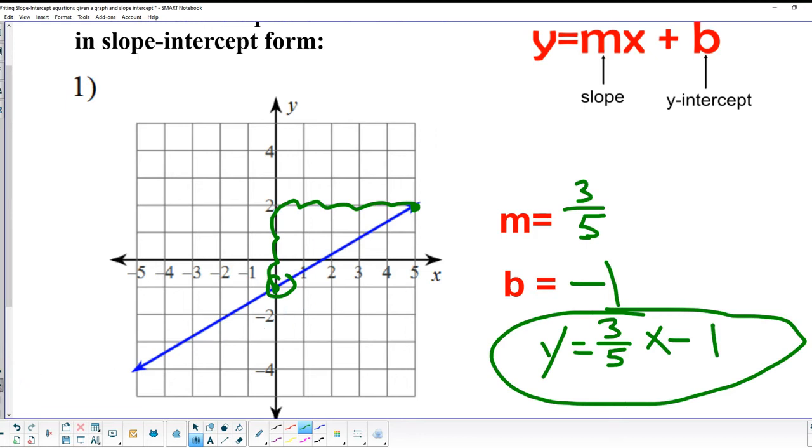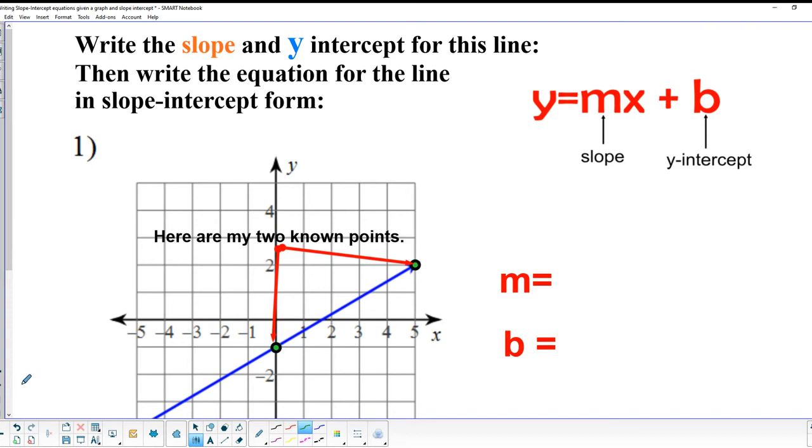This is pretty powerful. Let's try this line. We've got a line here, and I've already marked a couple of known points here. It was similar to the one we saw just a few moments ago. So if you look, here's a point and here's a point. To get from one point to the other, let's do our little counting. So we go up 1, 2, 3, so up 3, and then over 1, 2, 3, 4, 5.